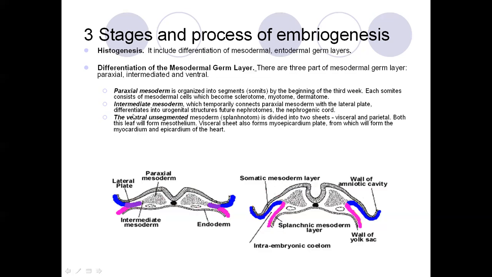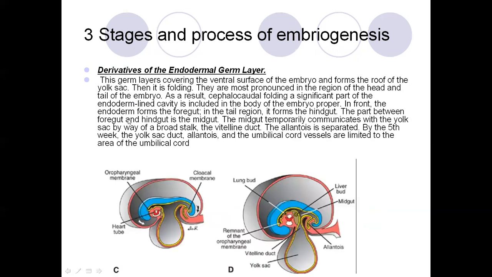This side, endoderm forms the lower layer of the embryo, and this side forms the yolk sac. The endodermal germ layer covers the ventral surface of the embryo and forms the roof of the yolk sac. Then it is folding.